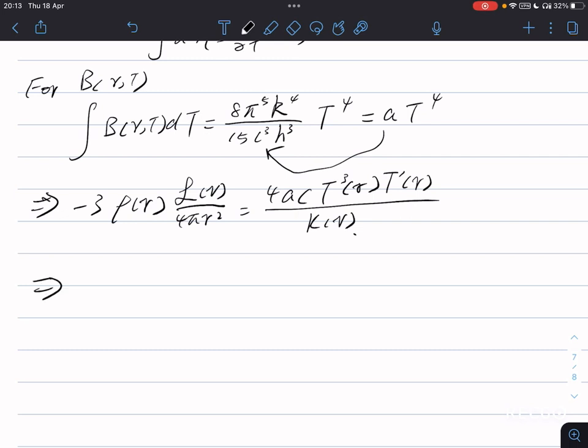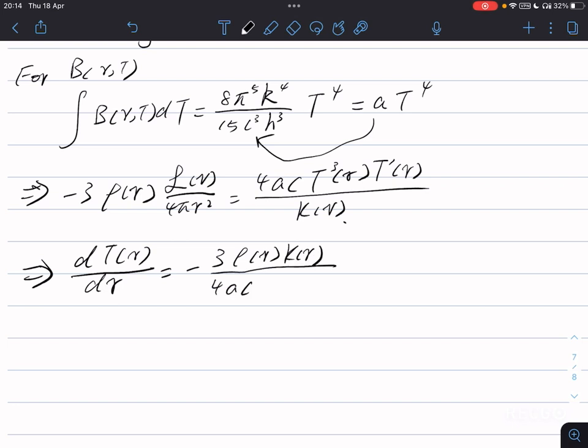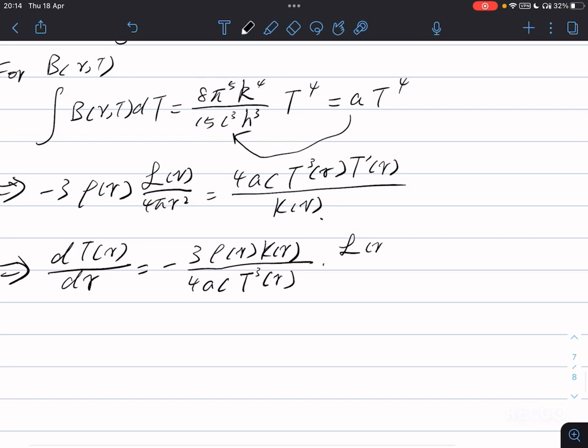And we can obtain dT/dr equals minus 3ρ(r)χ(r) over 4ac times the third power of T, times L(r) over 4πr².